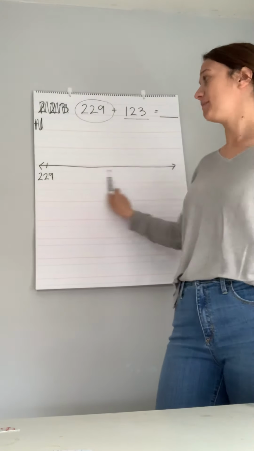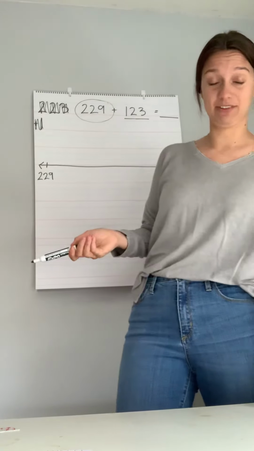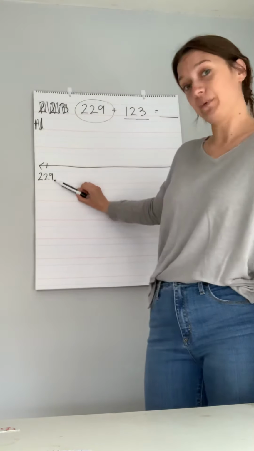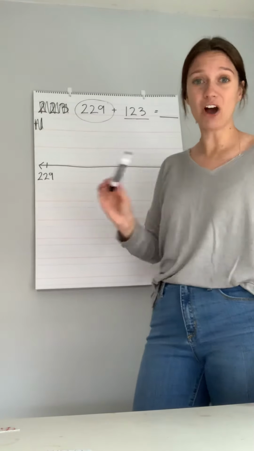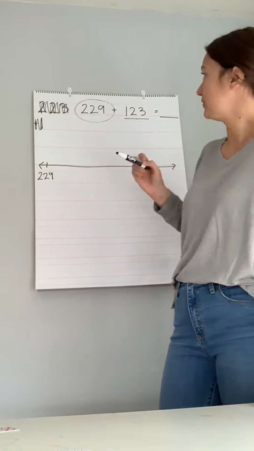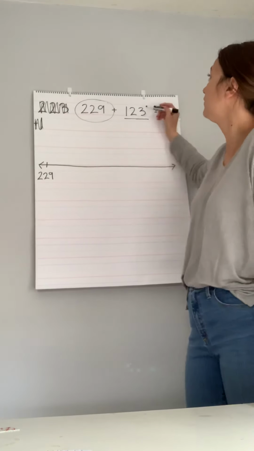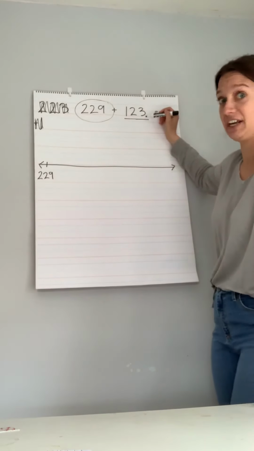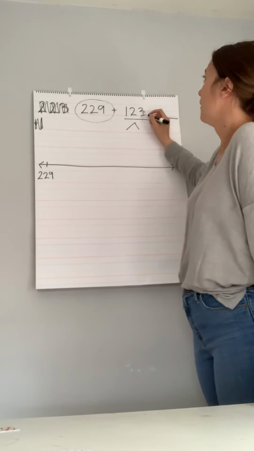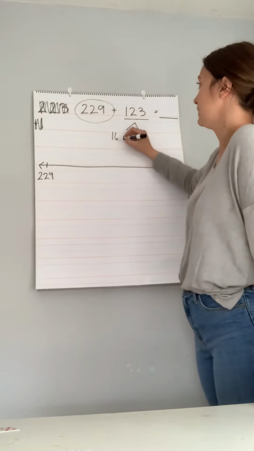So I started my number line because this is the number line strategy for adding. I started my number line at 229. I want to get as far as I can by starting at 229. So now I'm going to go through and I'm going to add 123. I'm going to put 123 into expanded form.